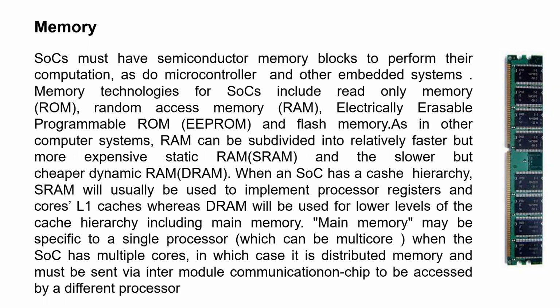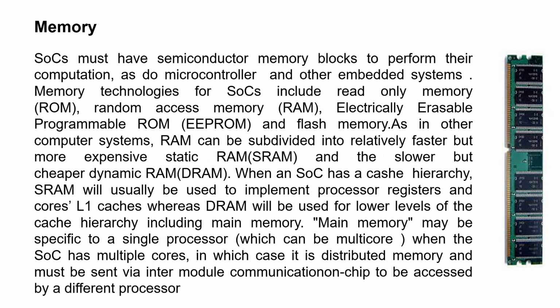Semiconductor memory technology is used here. Basically four types of memory are used: read-only memory, random access memory, electrically erasable programmable read-only memory, and flash memory. All four types may be present on a system on chip.